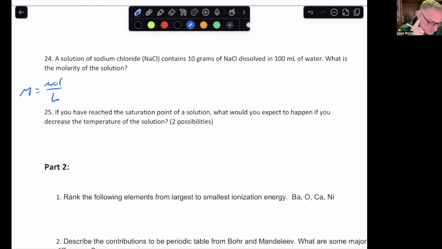So we need to find out, do we have moles and liters in here? We do have 10 grams of NaCl, and we have 100 milliliters of water. First thing we want to do is convert 10 grams of NaCl.